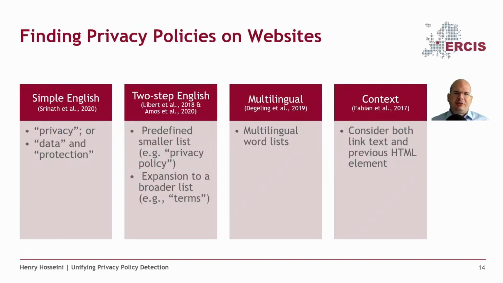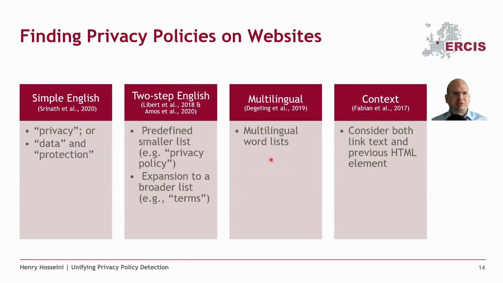So let's talk about finding potential privacy policies on websites. For this purpose, we implemented 4 methods that had been utilized in previous work. First, a so-called simple English method, which basically searches in the link text for either "privacy" or the combination of "data" and "protection". Two-step English, which first searches for a smaller list of matches in the link texts, and if no match is found, then it is expanded to a broader list of terms.